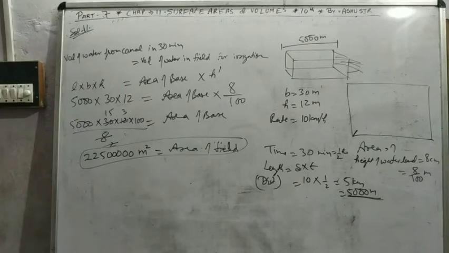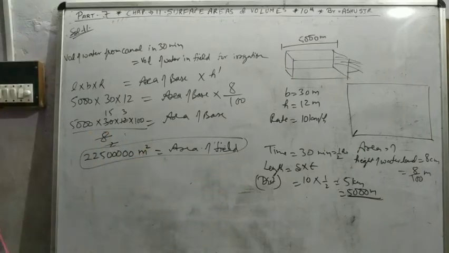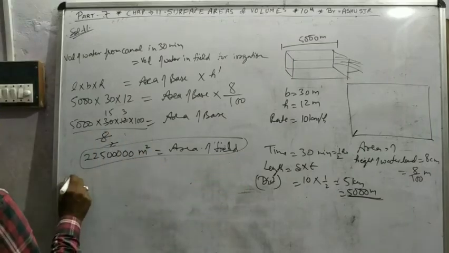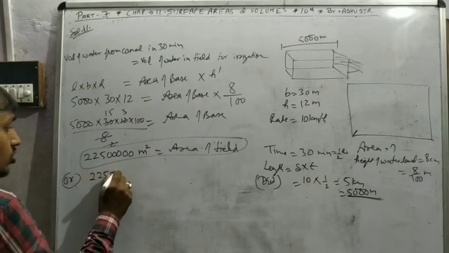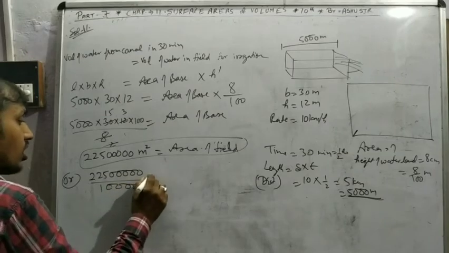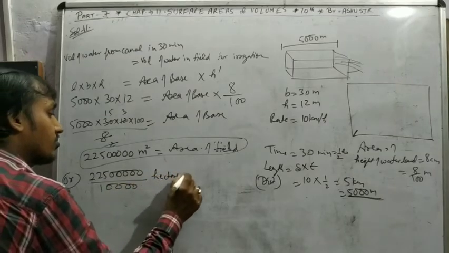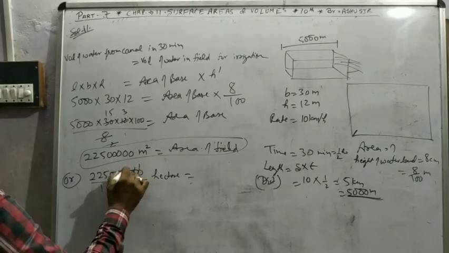But this is a very big number, so we can come to the nearest unit. Either you can write 225,000 by 10,000 to convert into hectare, that is 4 zeros.